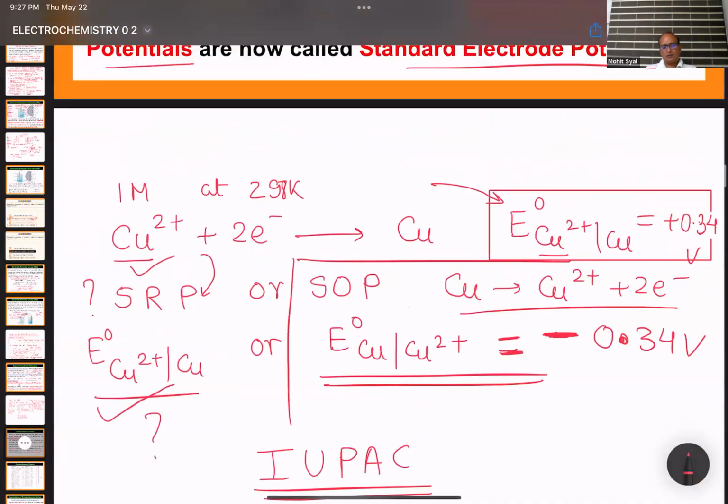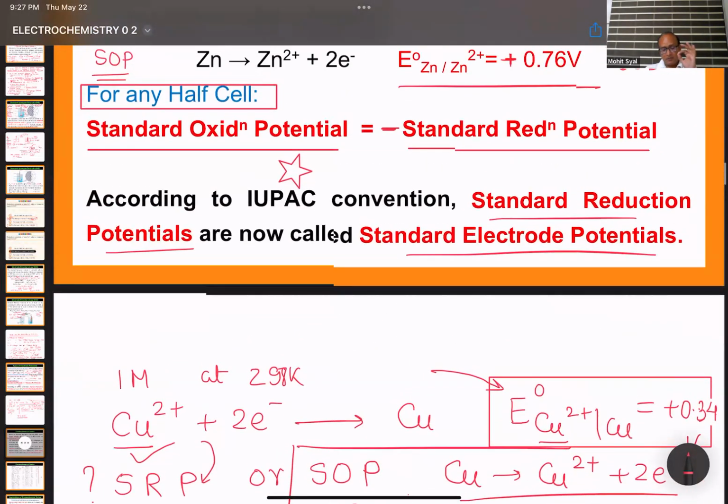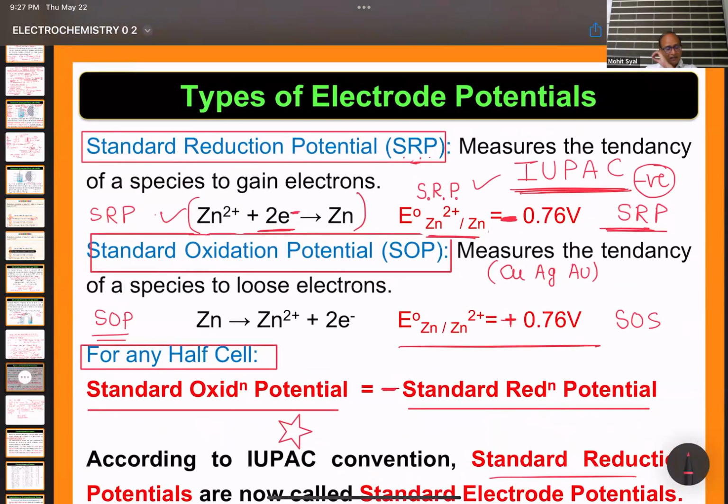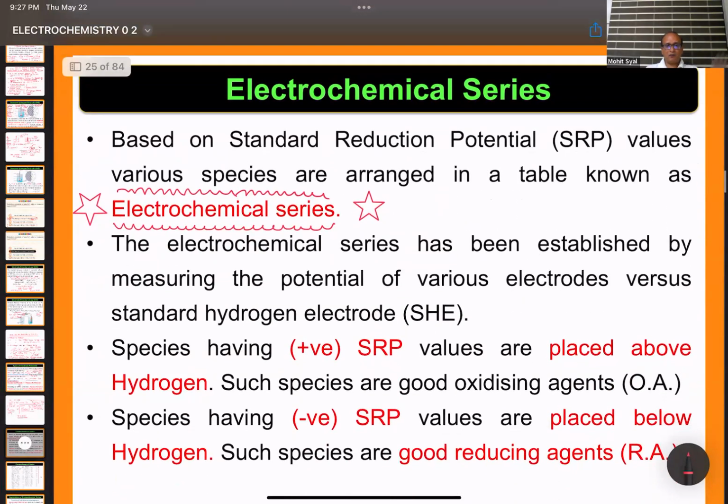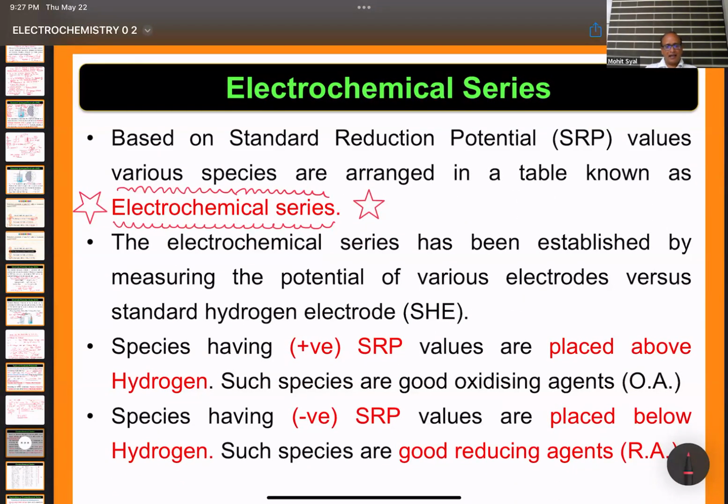That's good, but do keep everything in mind. In the next class, we are going to move ahead with the electrochemical series and electrode potentials, standard electrode potential, and then how to measure the electrode potential if you do not have standard conditions. That we will be covering in the upcoming class.